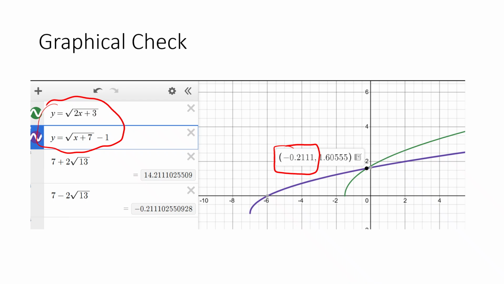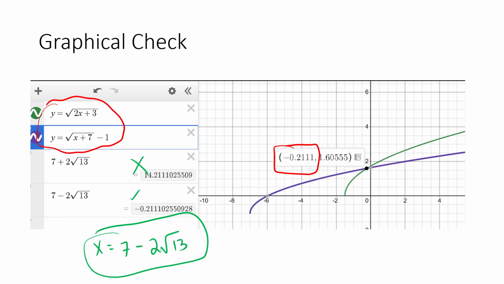So what you see right below is our two potential answer choices: 7 plus 2 root 13 and 7 minus 2 root 13. And what you can see is these two numbers actually match up. So this answer does not check. And this one does. And so the final answer would be 7 minus 2 root 13.